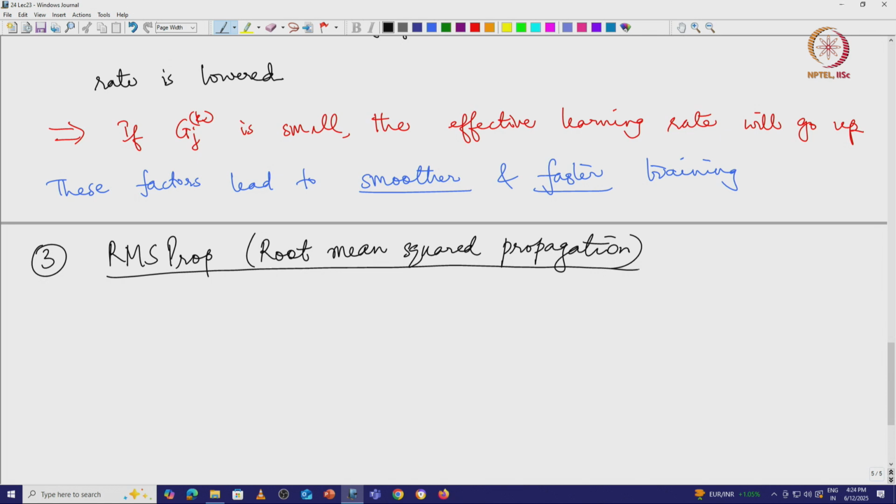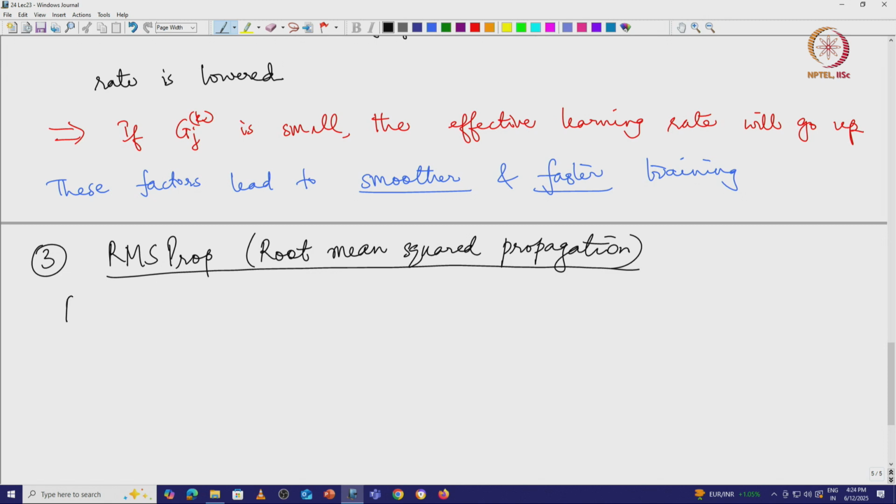This came about in the year 2012, and this uses an exponentially weighted average of the squared gradients to scale the learning rate for every parameter. So, we have to accumulate this exponentially weighted average.